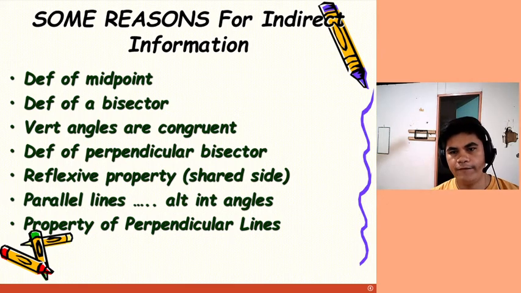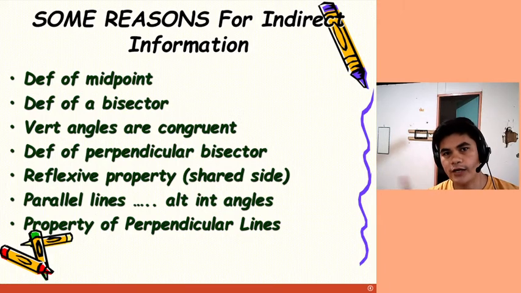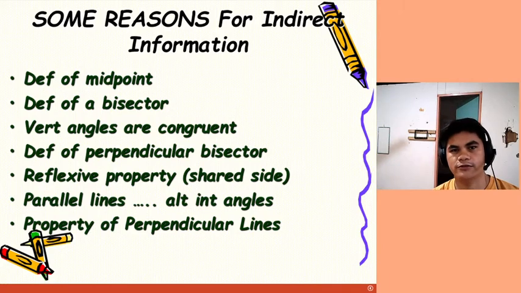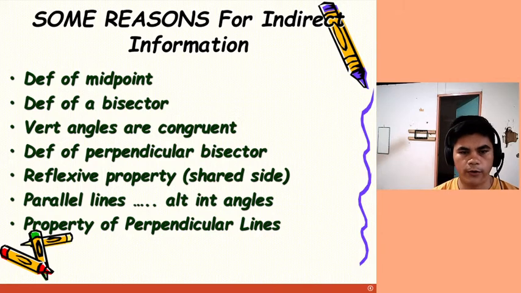If the bisector divides a 90 degree angle, it divides the 90 degrees into 45 and 45 degree angles. Next, vertical angles are congruent, as we have learned earlier. Vertical angles are always congruent.